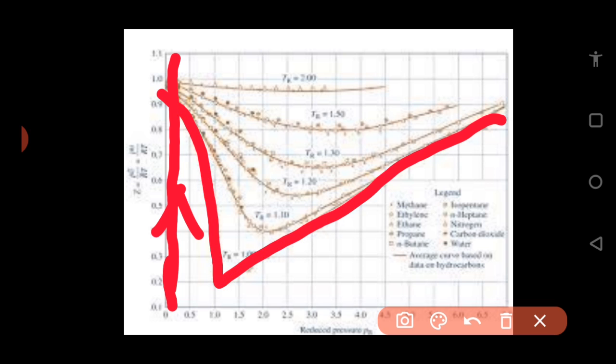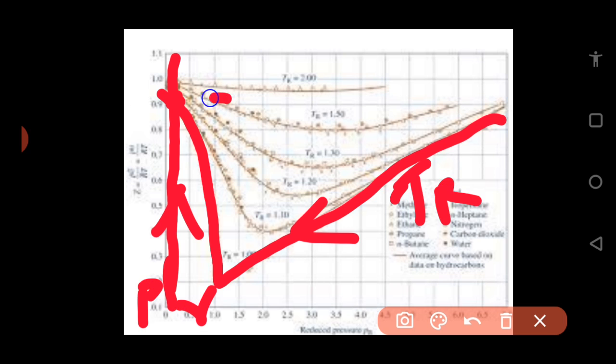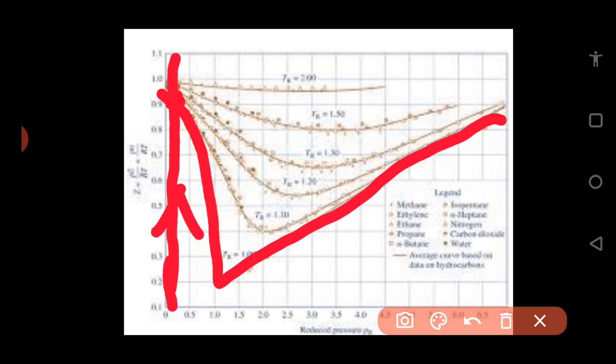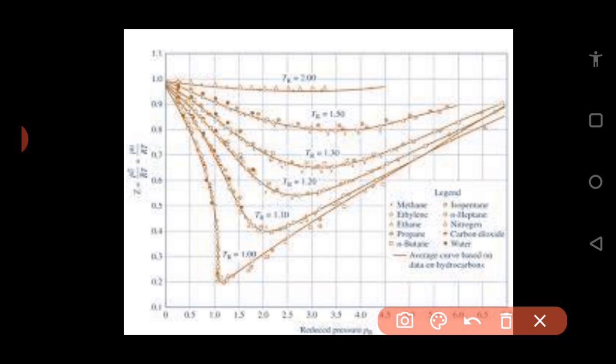Where it is intersecting, you can see it is intersecting at this point, which is just above 0.9. So this is the TR line, this is your PR line, and whatever intersection you are getting, this is the value of Z. So we will find out, you can see one by one. Z is slightly above 0.9.